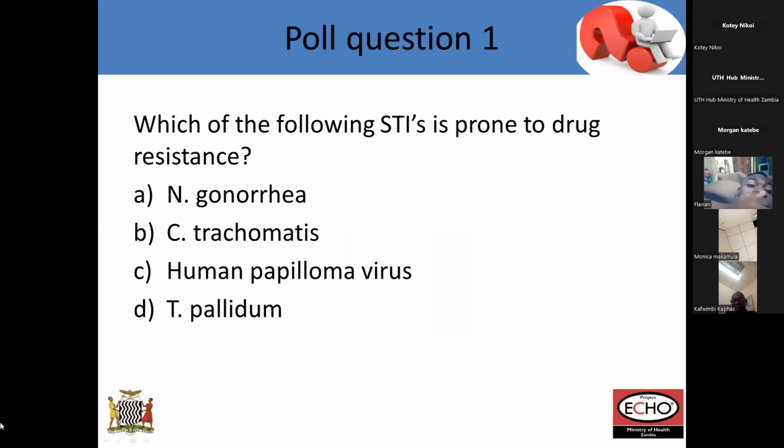A, Neisseria gonorrhoeae, B, C. trachomatis, C, human papillomavirus, D, Treponema pallidum.